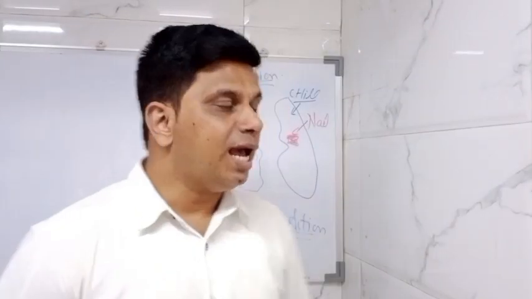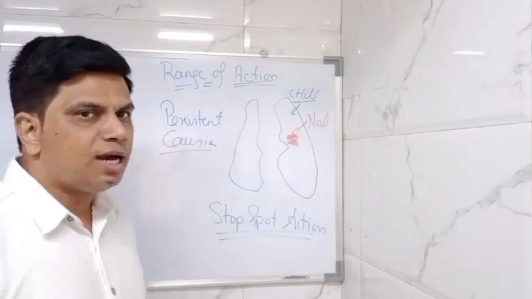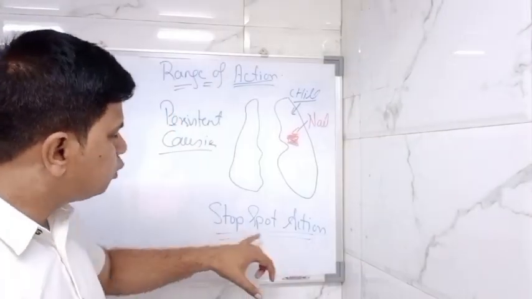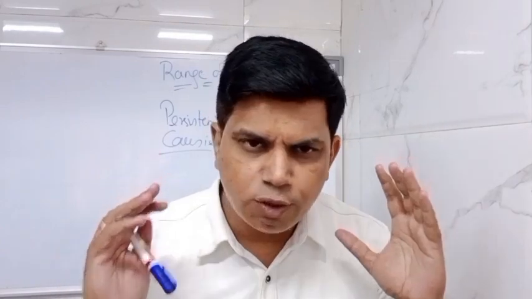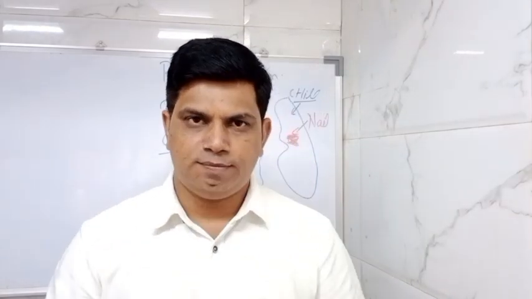And here he comes and says another pointer. He says stop spot action. What does it mean? In many cases we prescribe on very good singular PQRS symptoms, taking location, sensation, modality, a very good totality of symptoms. But after a while there is a block. There is a stoppage.